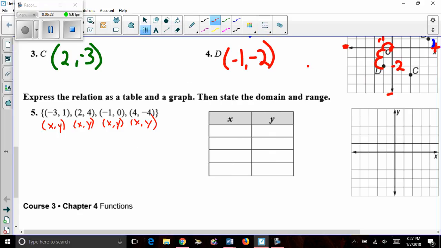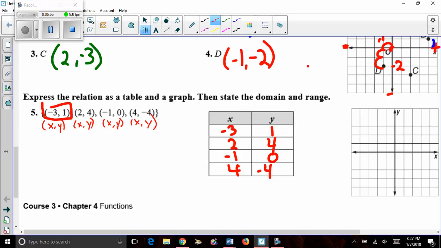So I can start by taking the first coordinate, -3, 1. -3 is my x and 1 is my y. And keep going down the list. So 2, 4, -1, 0, and 4, -4.